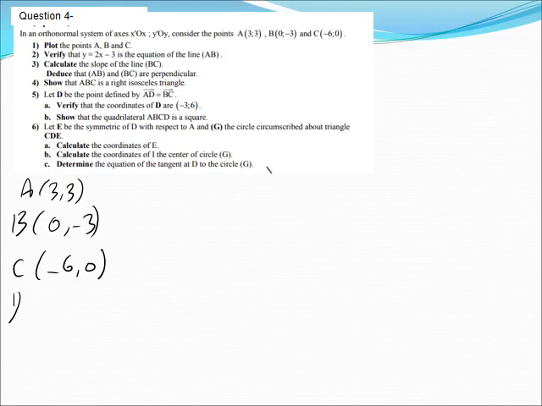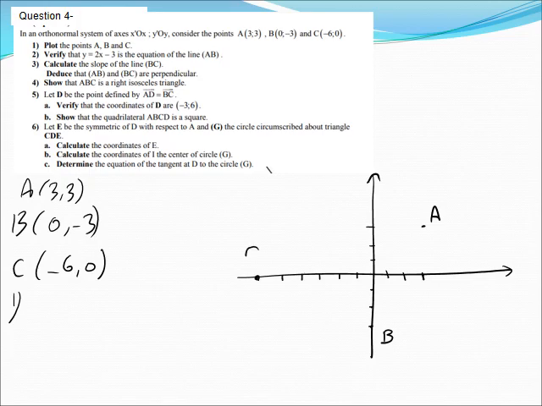Plot the points A, B, C. A (3, 3), B (0, -3), C (-6, 0).